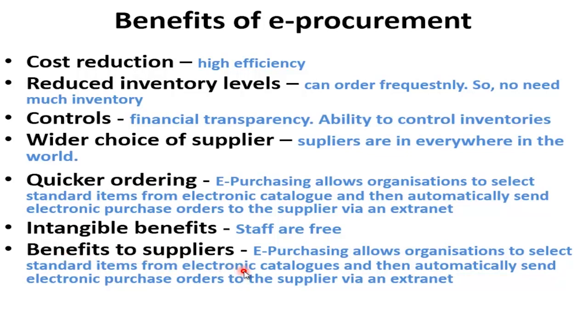Benefits to supplier: e-purchasing allows organizations to select standard items from electronic catalogs and then automatically send electronic purchase orders to the supplier via extranet. Same benefits are there. There are so many benefits to the supplier.